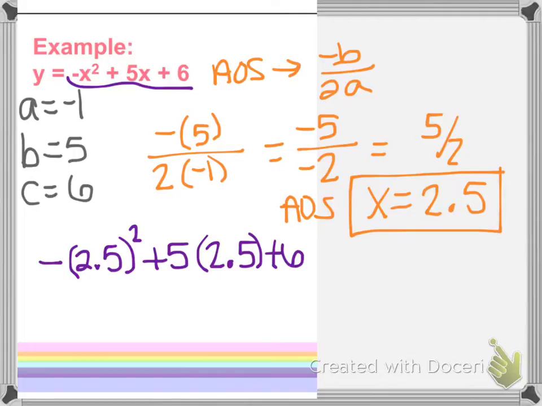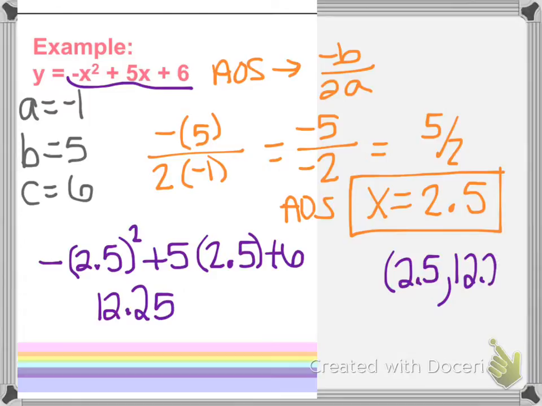Since the negative was part of the equation, it goes outside the parentheses. Plug it in, and I got 12.25. That's my y. So we plugged 2.5 in for x, and we got 12.25 for y. That point is my vertex.